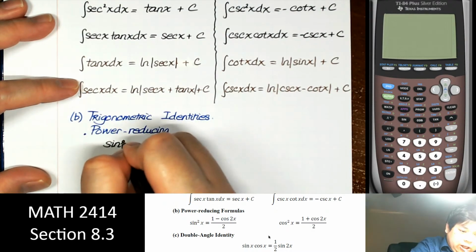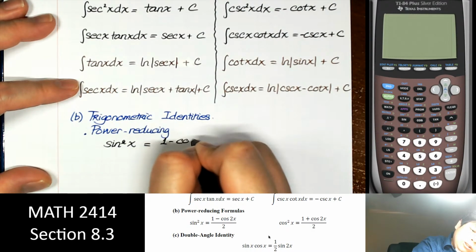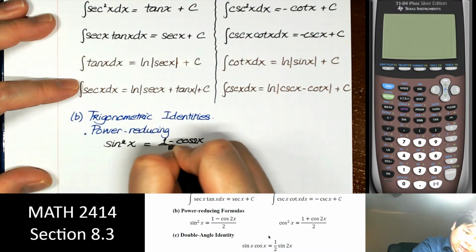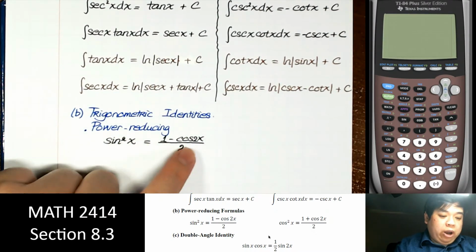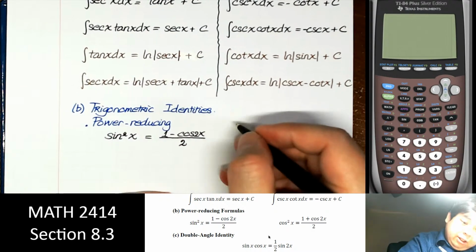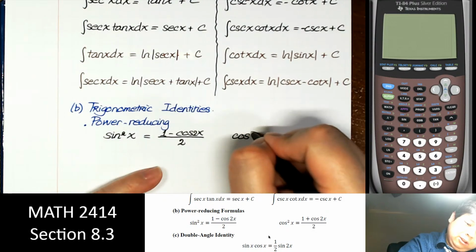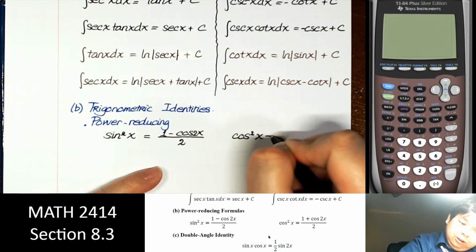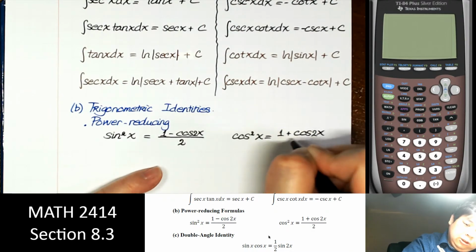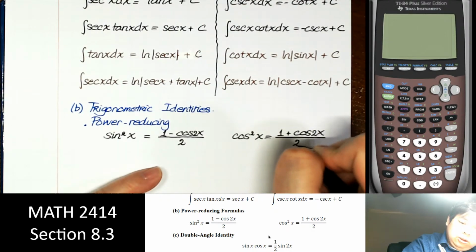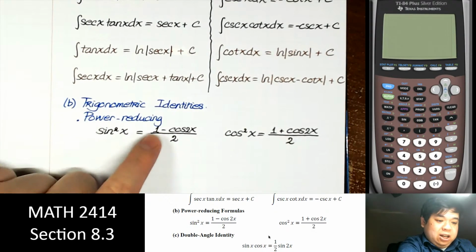So we have a square, reducing the power from square to 1 and then cosine of the double angle.